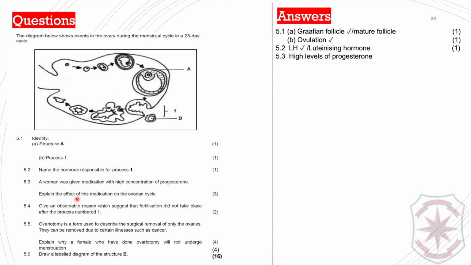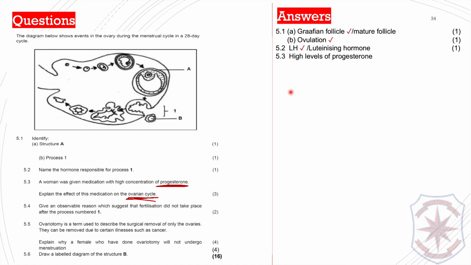Explain the effect of this medication on the ovarian cycle. On the ovarian cycle. So, the effect on the ovaries. Okay, that is negative feedback between progesterone and FSH, guys. Remember, I said to you, if you know the negative feedback, you'll be able to answer these type of questions.